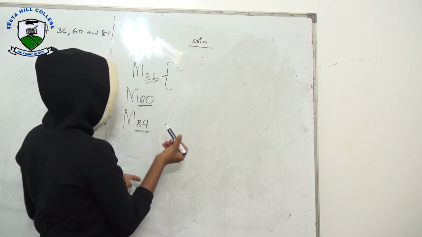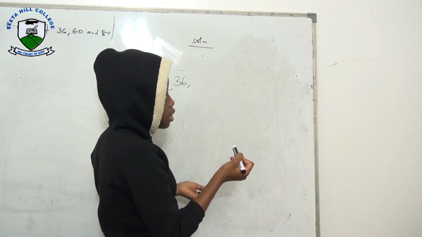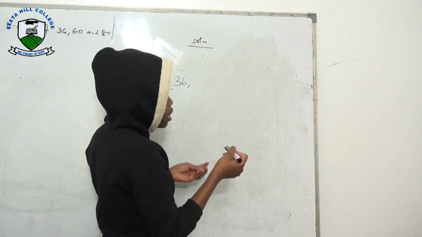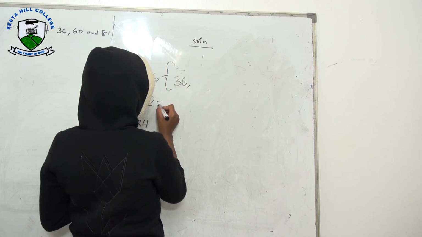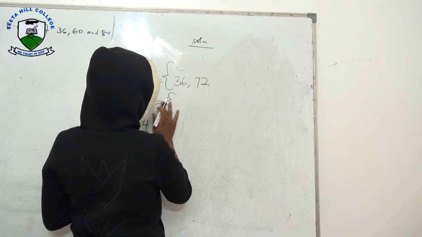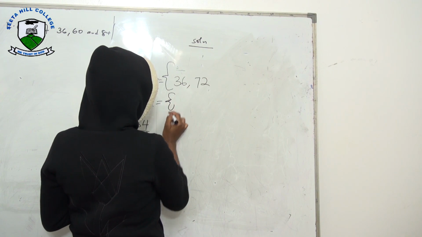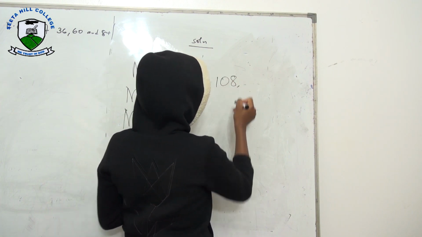Use the multiples of 36. 36 plus 36. Look at 36 times 3, 36 times 4.